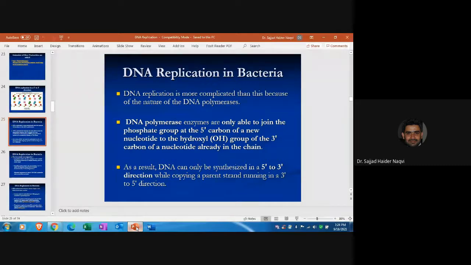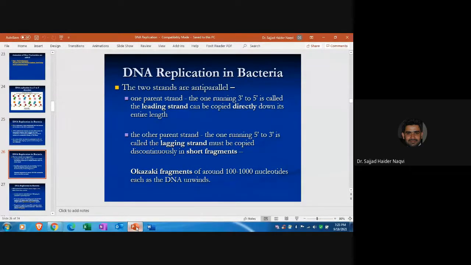This point is very important and has to be kept in mind. The newly synthesized DNA strand must always go in the direction of 5 prime to 3 prime. So the template that it is going to copy is in the orientation of 3 prime to 5 prime. When the template is 3 prime to 5 prime, the newly synthesized chain will be in the direction of 5 prime to 3 prime.